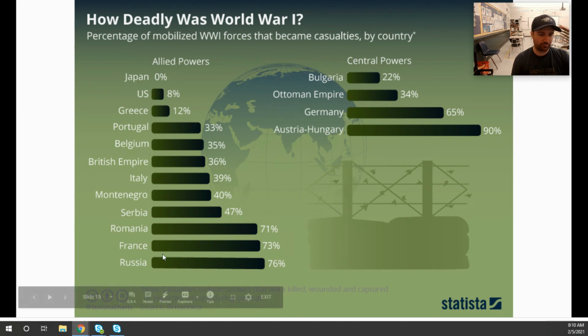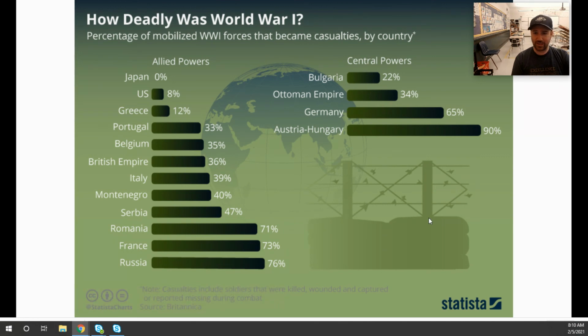But you can see Russia, which leaves in the middle of World War I because it doesn't go well for Russia. 76% of their mobilized soldiers suffered a casualty of some kind. The Austro-Hungarian Empire, 90%. And Germany, 65%.